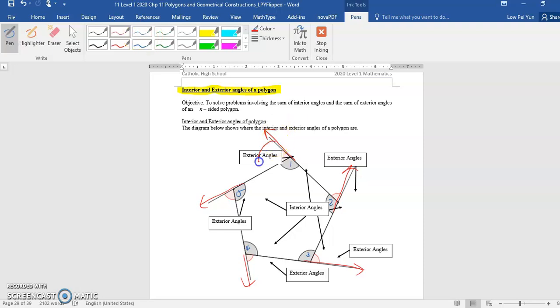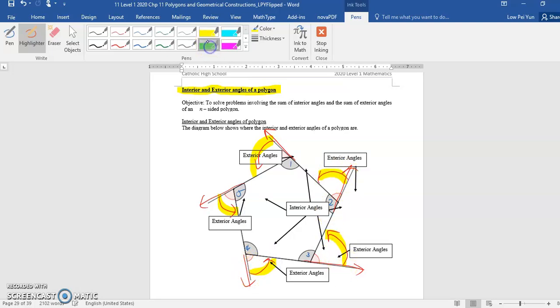There will be 1, 2, 3, 4, 5, back to this line. Now if we look at the exterior angle again, when I draw this line from here to here and continue on, what will be the sum of the exterior angles formed?